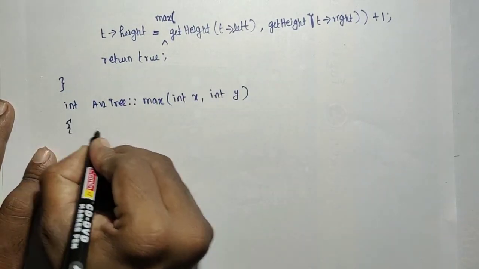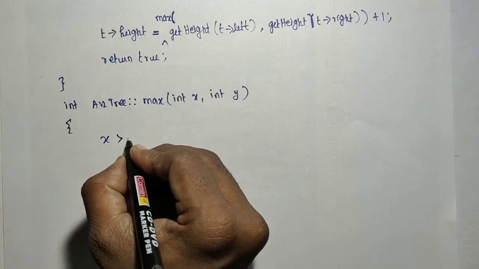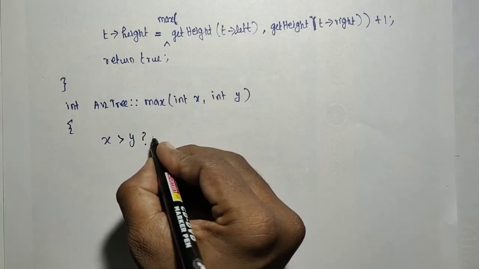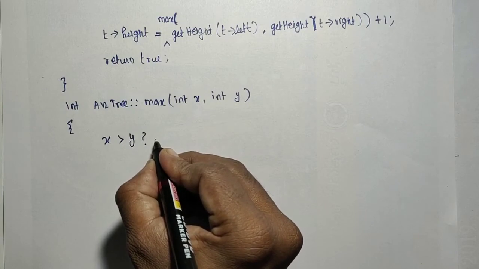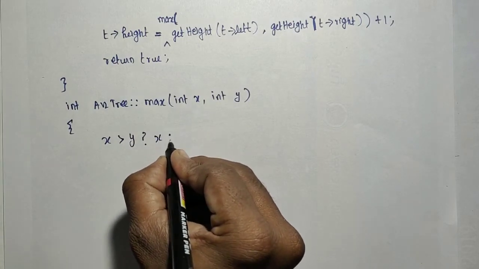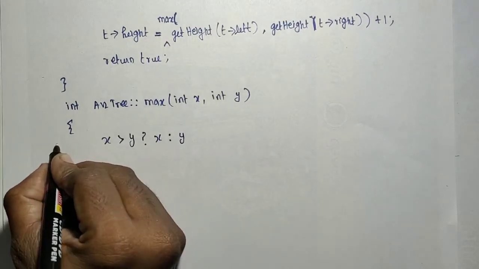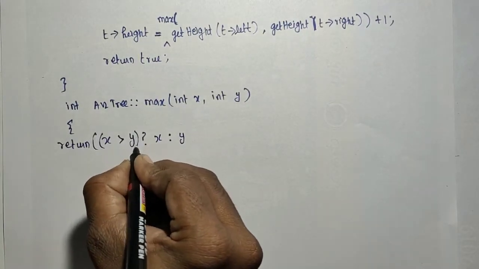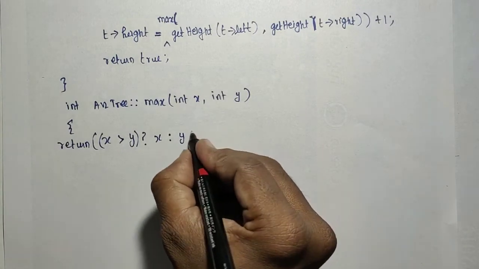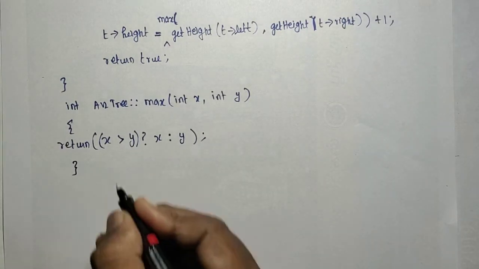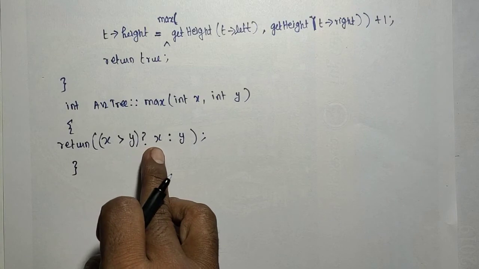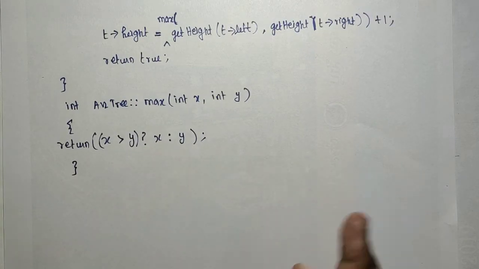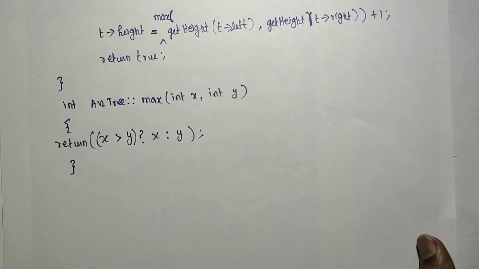If x is greater than y, I have to return x, otherwise I have to return y. So x greater than y means x has to be returned, otherwise return y. So complete this.